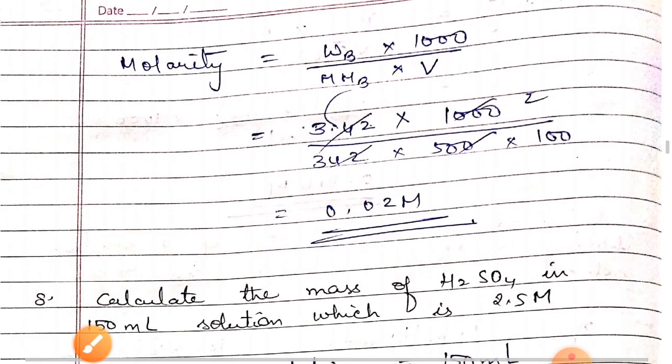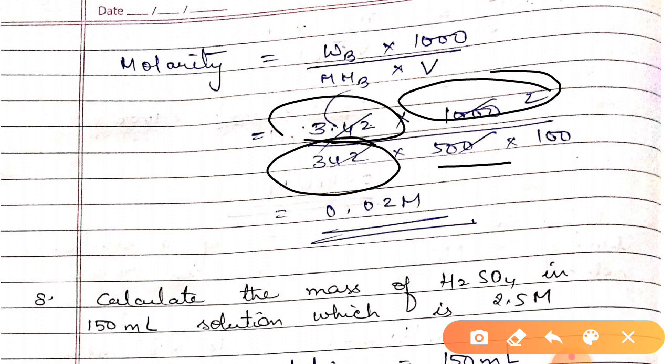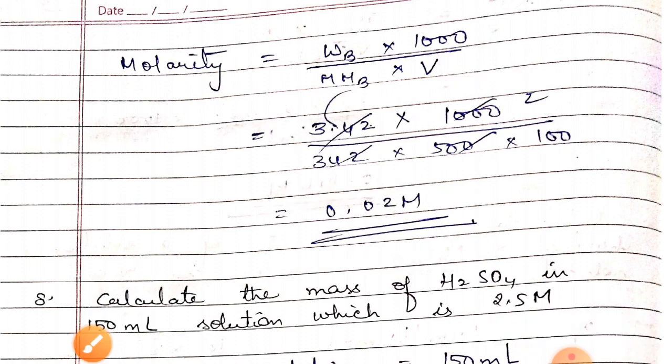That term will give us the number of moles of solute, and volume is given, so we can find the molarity, that is 3.42, the given mass, upon molar mass. This is volume into 1000. When you simplify, I get my answer as 0.02 molar.